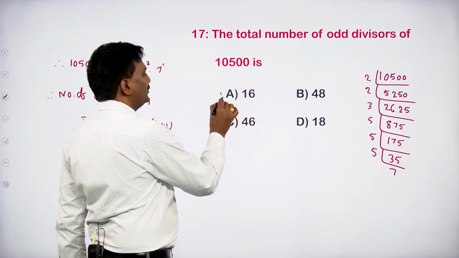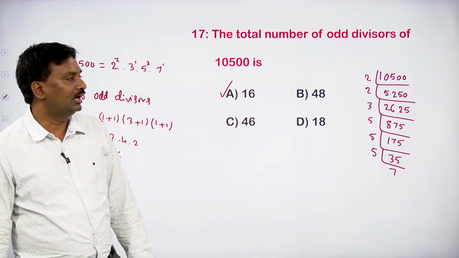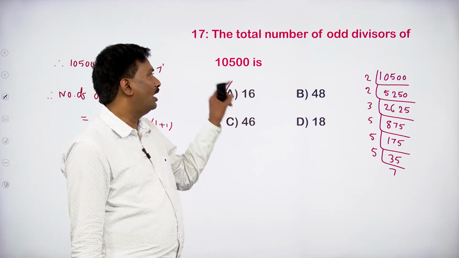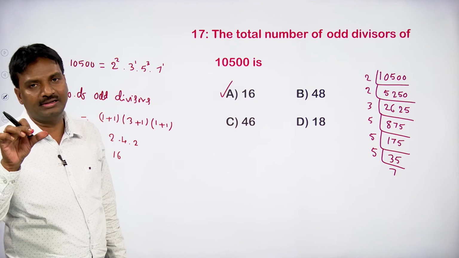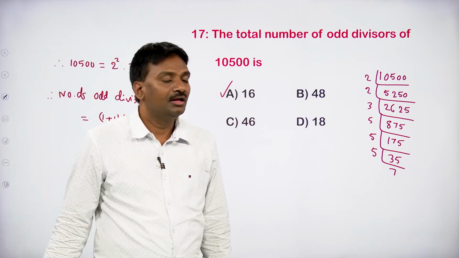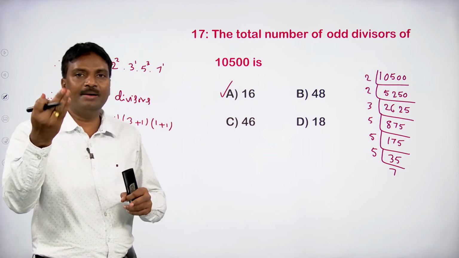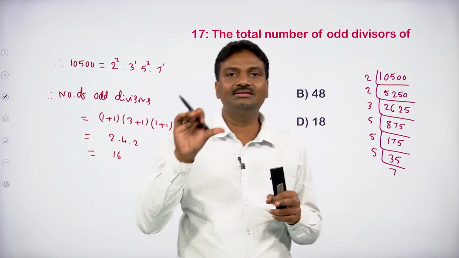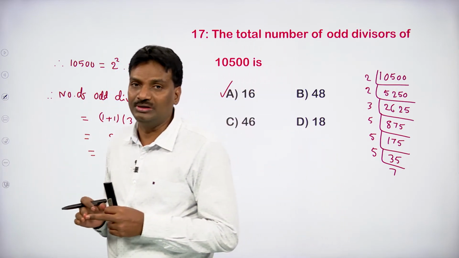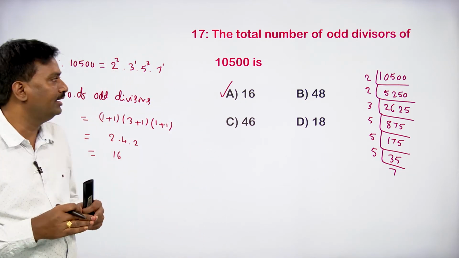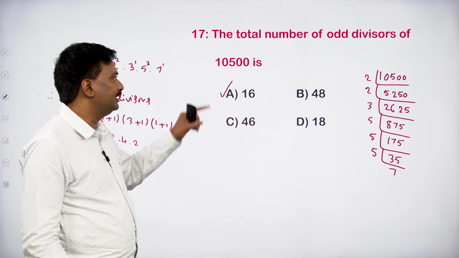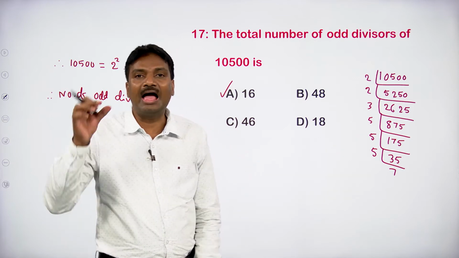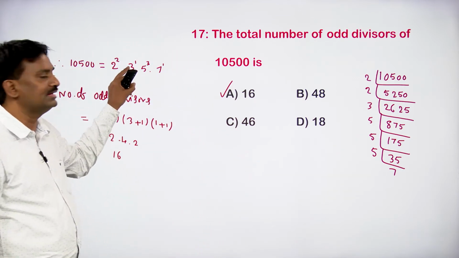So by observing the options, we have to find the number of odd divisors of 10,500. This number may have any number of divisors, but out of all divisors we have to consider the odd divisors only. So first let us express 10,500 as the product of prime numbers like this.